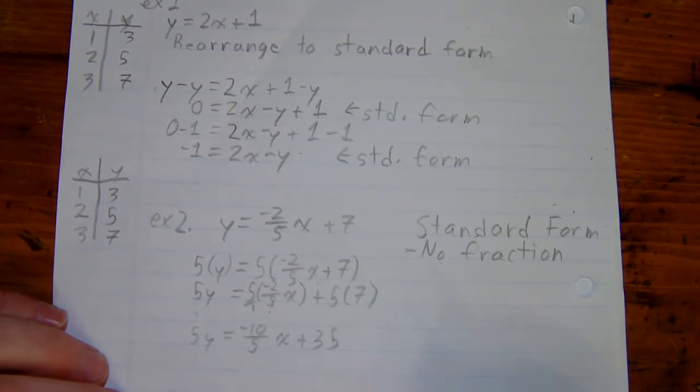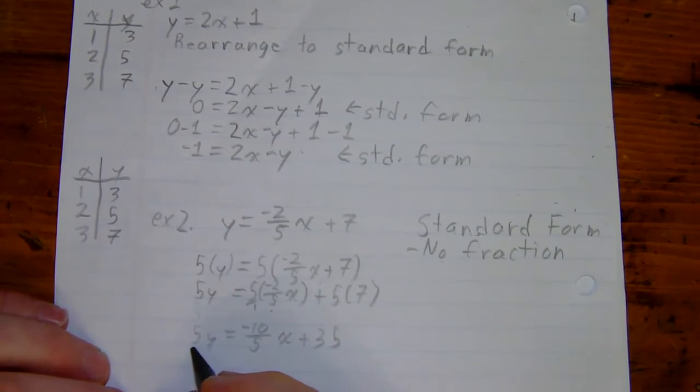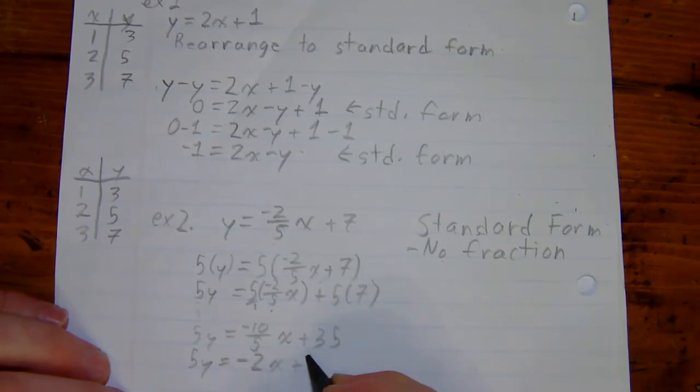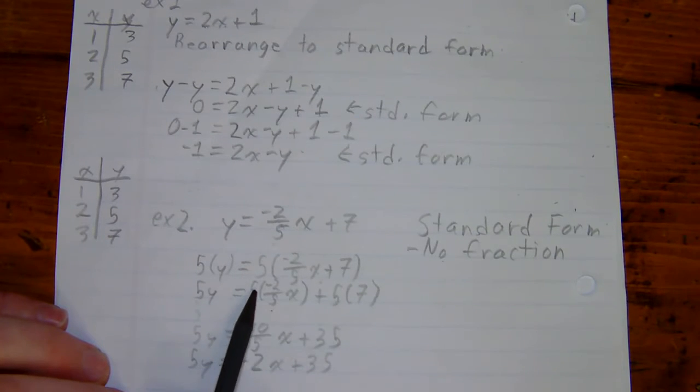Now, I said we're going to get rid of fractions. We still have a fraction here, or so it seems, but it's not in lowest terms yet. Negative 10 divided by 5 is negative 2. So when we get that to lowest terms, we can see that it's an integer. And since we multiplied by the denominator, that's always going to happen, right?